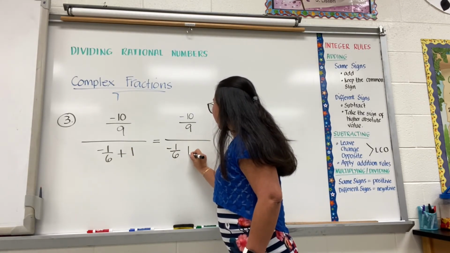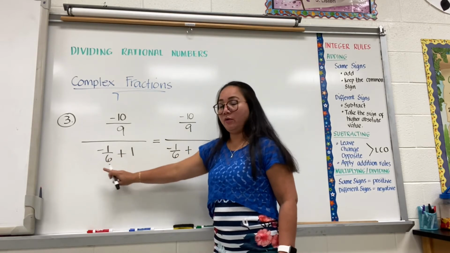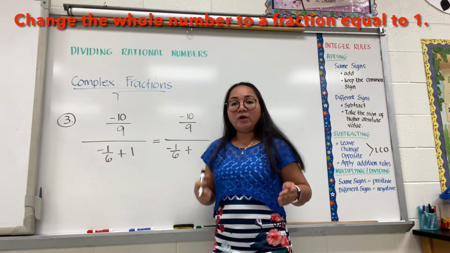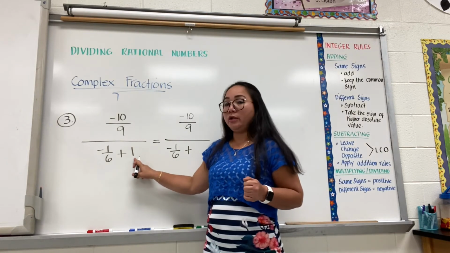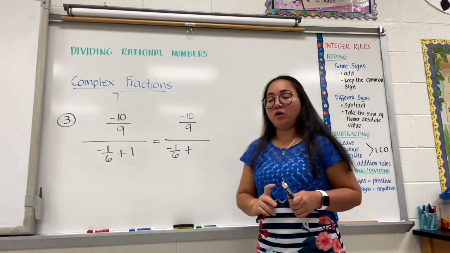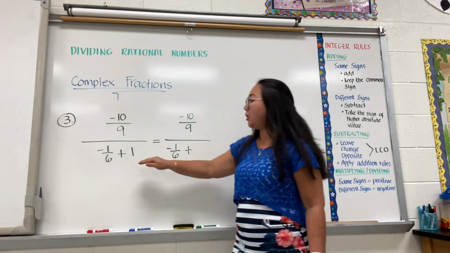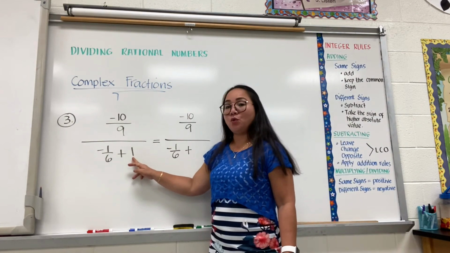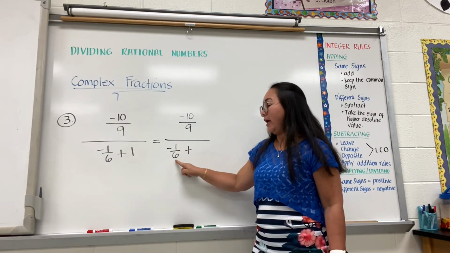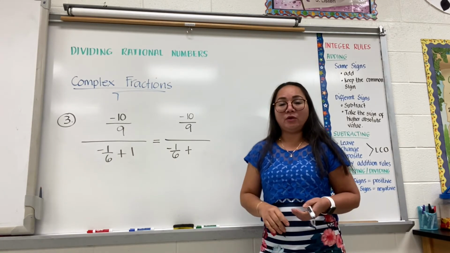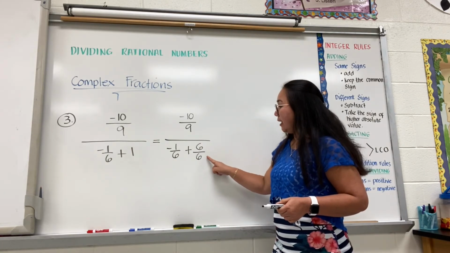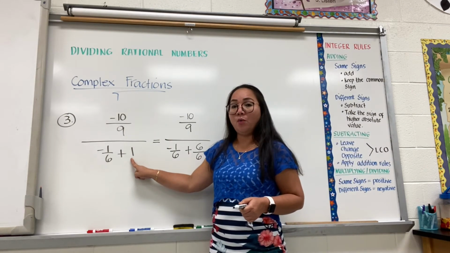You notice that we have a fraction and a whole number. If there is a combination of a fraction and a whole number, change the whole number into an improper fraction. Take note that the fraction equivalent to 1 should have a denominator of 6 so that they will have the same denominator. 6 over 6 is equivalent to 1.